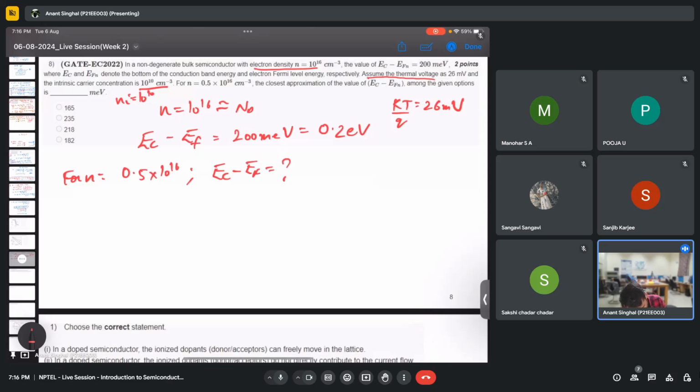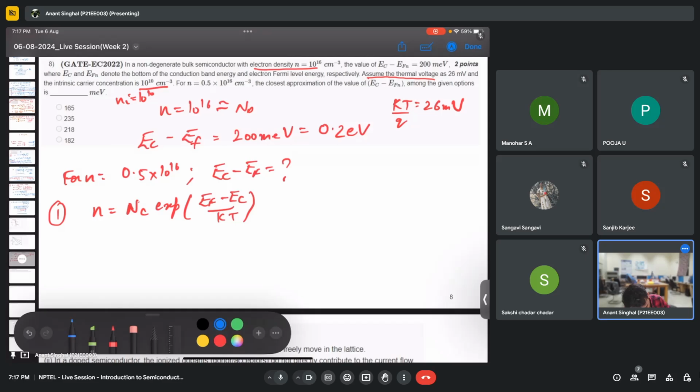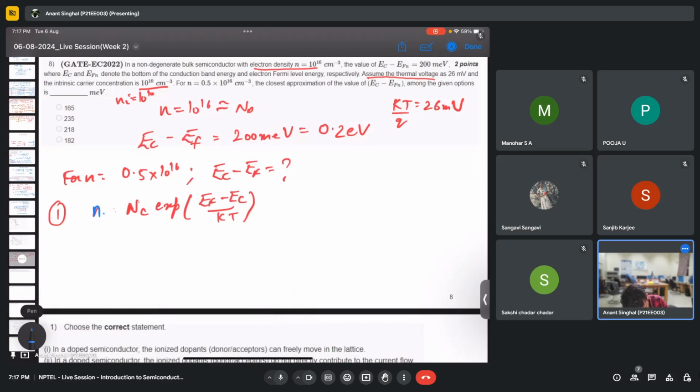So this is very easy. For the first semiconductor, N equals NC exponential of EF minus EC over KT. Let's say for the first semiconductor, I am denoting everything with N1, NC1, and this is EF1 minus EC1.